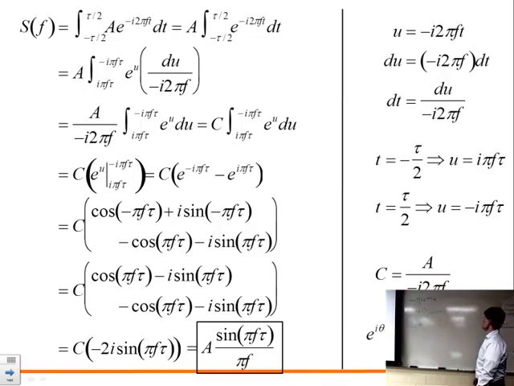So now, distribute it. I'm going to have to use the change of variables eventually anyway.